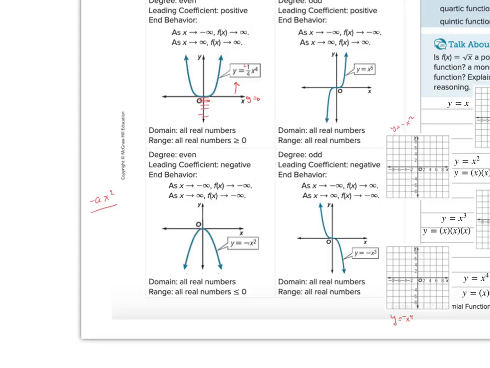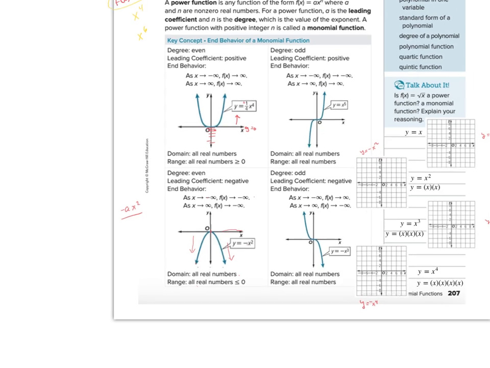So the domain is going to remain the same. The range is going to be all values less than or equal to 0, because it starts at 0 and then goes to the negative. And then my end behavior, as x approaches negative infinity, I'm going to negative infinity. As x approaches positive infinity, y is going to negative infinity. So that reverses the end behavior, while the domain stays the same.